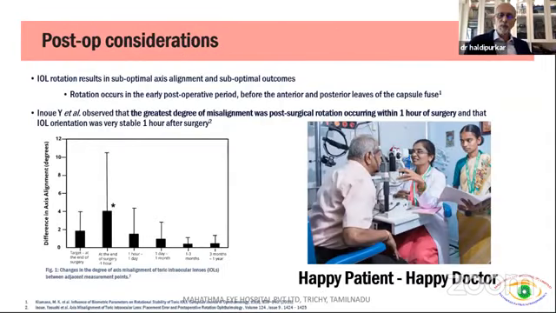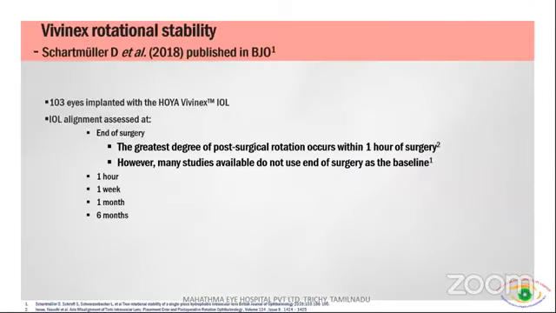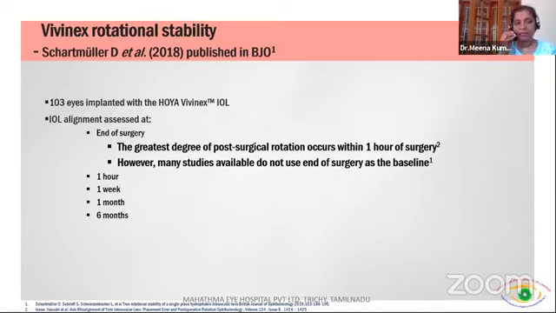Any suboptimal axis alignment lands up in suboptimal outcomes. And this is a study which proves that the greatest degree of misalignment in the post-operative period occurs within 1 hour after surgery. That is where we need to watch out. And this is another study done on Vivinex rotational stability, where 103 eyes were implanted with the Hoya Vivinex, and the greatest degree of post-op rotation occurred within 1 hour.